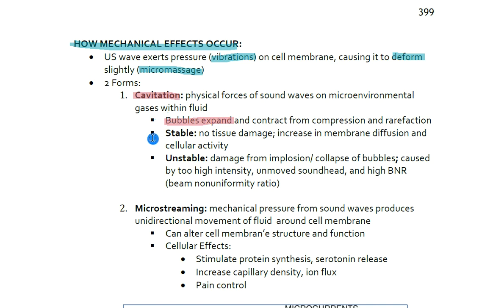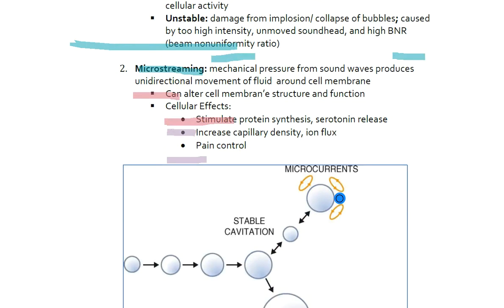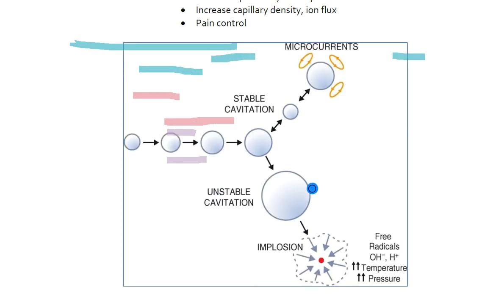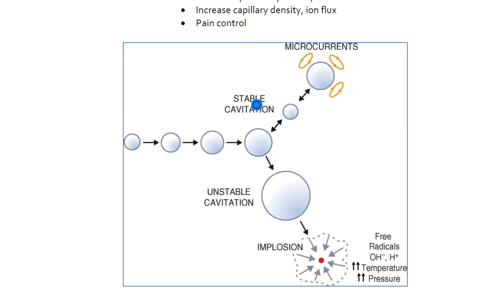In terms of the different variations of cavitations, you have the stable and unstable cavitations. Unstable ones are pictured a little bit down here. So here you go. You have your stable cavitation where you just get the vibration.